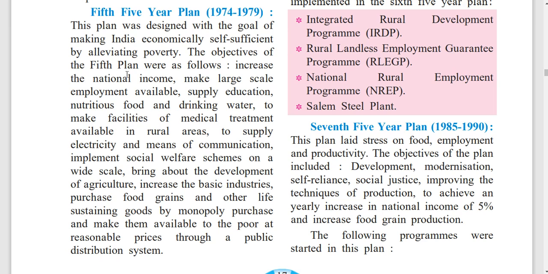The objectives of the fifth plan were as follows: increase the national income, make large-scale employment available, supply education, nutritious food, and drinking water, make facilities of medical treatment available in rural areas, supply electricity and means of communication, implement social welfare schemes on a wide scale, bring about the development of agriculture, increase the basic industries, purchase food grains and other life sustaining foods by monopoly purchase, and make them available to the poor at reasonable prices through the public distribution system.